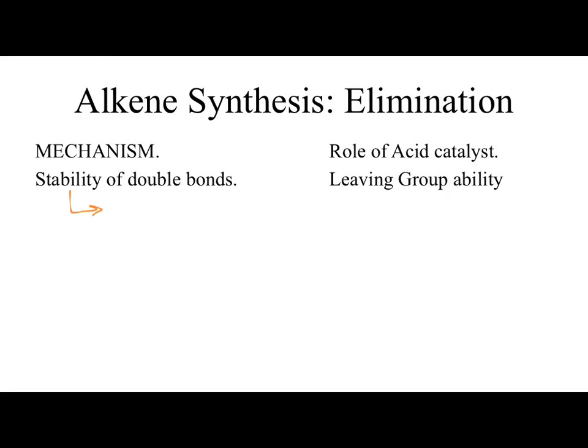That was not where I was going with it, but that's very true. The more substituted the double bond, the more stable the double bond. Okay, what do we mean by that?